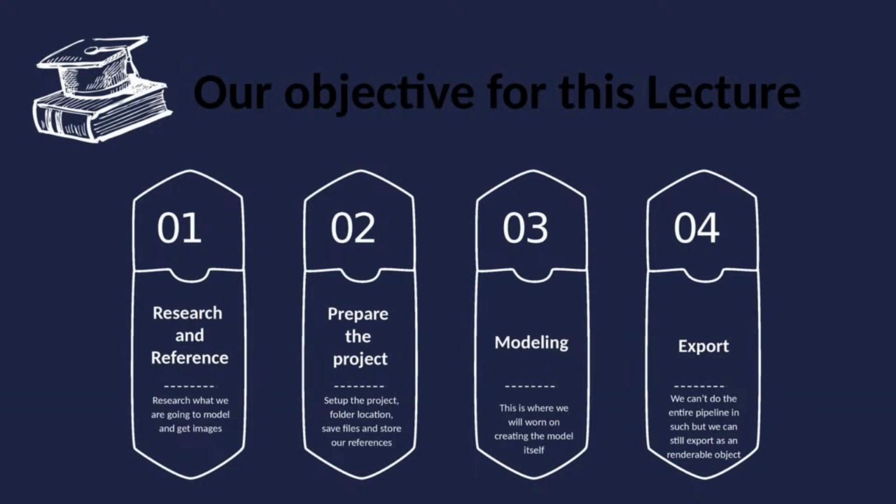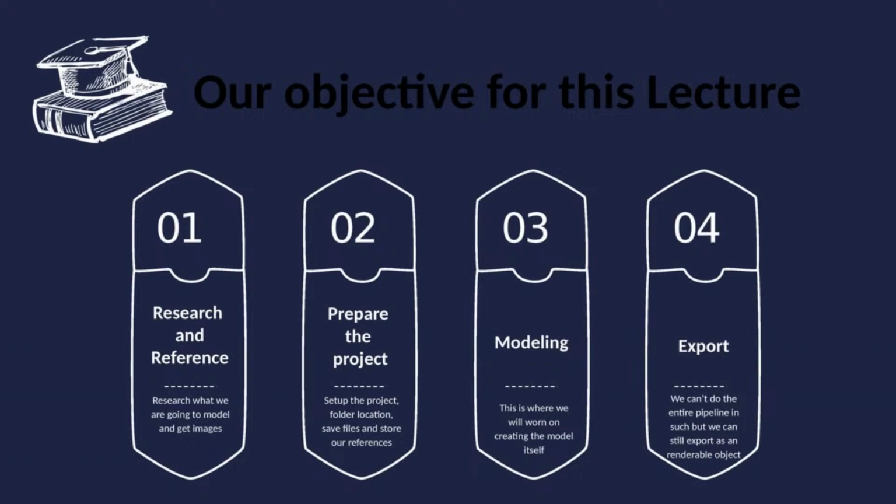Okay, our objective for the lecture. This is what you're gonna be focusing on for the time being: research and reference. So if you're going to model an object, what is that object itself, what does it look like, and what are the dimensions of those things.